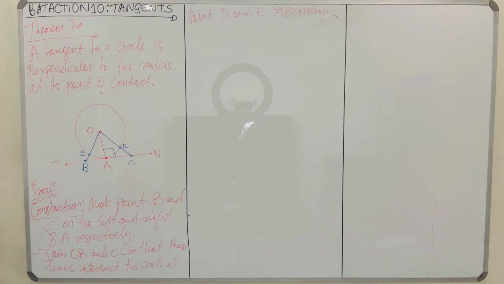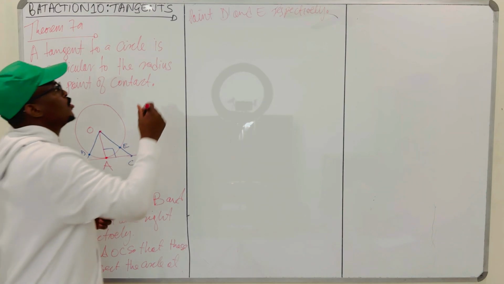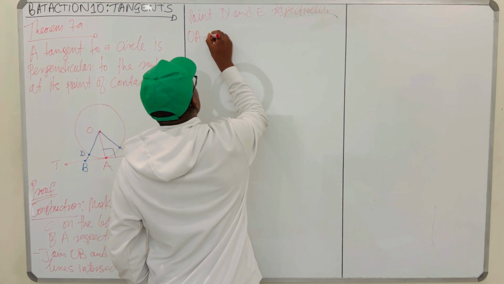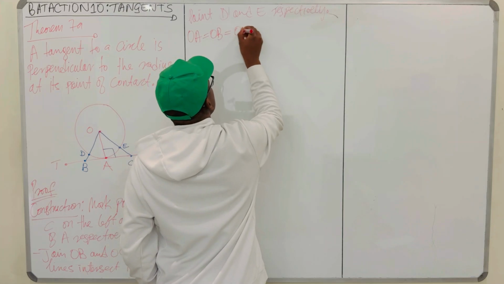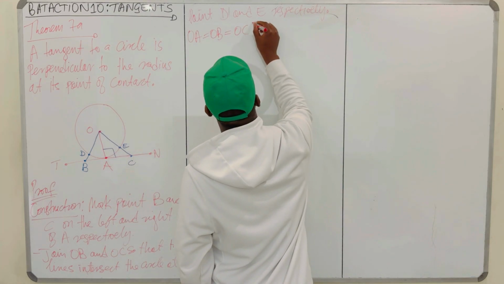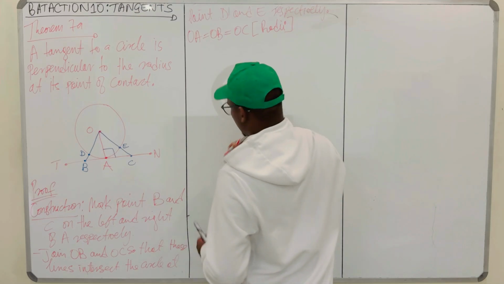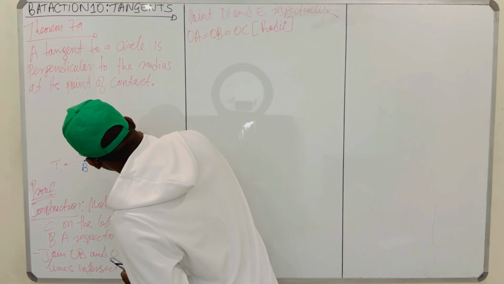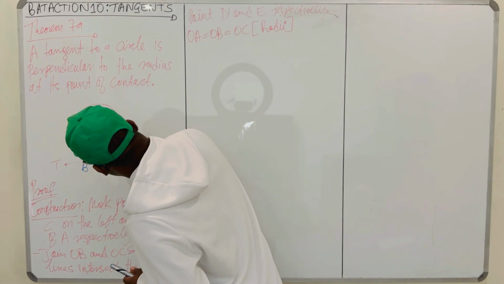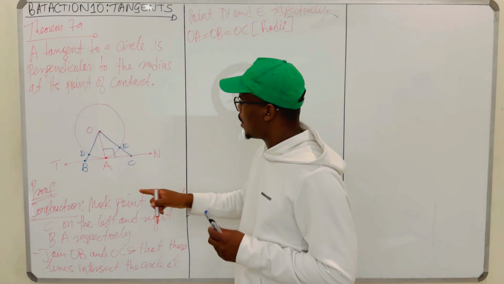No problem. So what we're going to do, you can see that your OA is equal to OD, is equal to OE. Do you agree? Yes. What is the reason for this? These are radii. So all these three, this from here to here and this from there to there, are all equal.